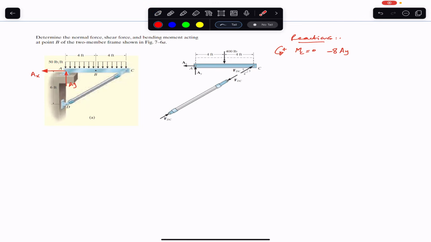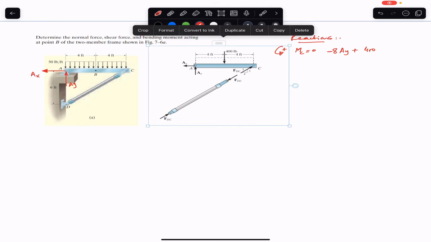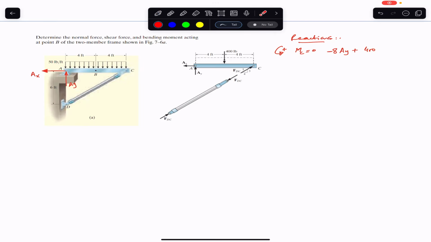Similarly, this 400 pound force is producing the counterclockwise moment about point C. So we will write plus 400, and the moment arm of this 400 pound force is the perpendicular distance of 4 feet.